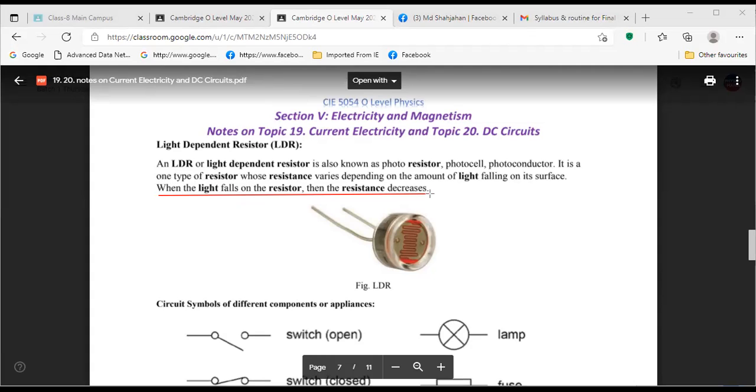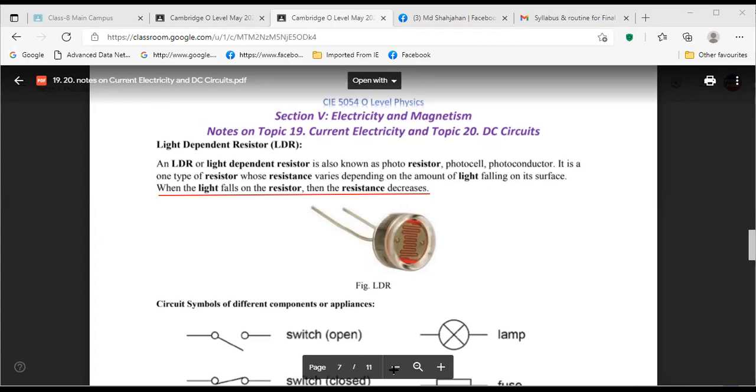If resistance decreases, what will happen to the current? The current will increase. Yeah, current will increase. So remember it.